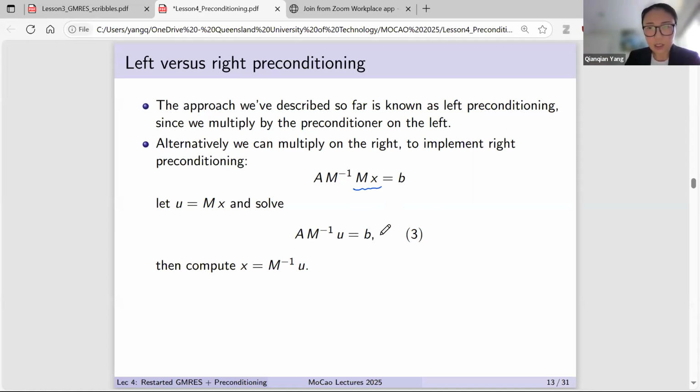So our preconditioned system becomes A M inverse u = b, and then we solve for u. Once we know u, we need to compute M inverse u. That's why I keep saying that the action of M inverse has to be computationally efficient to apply to the vector u.